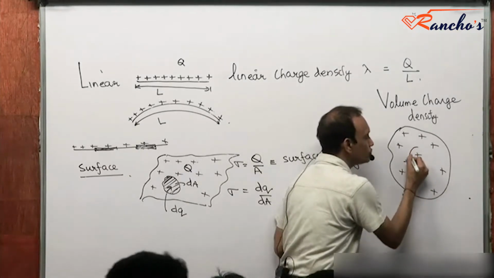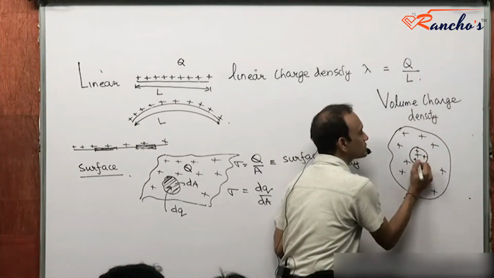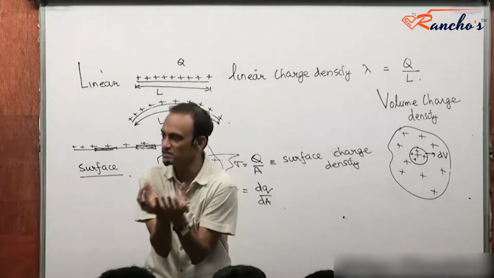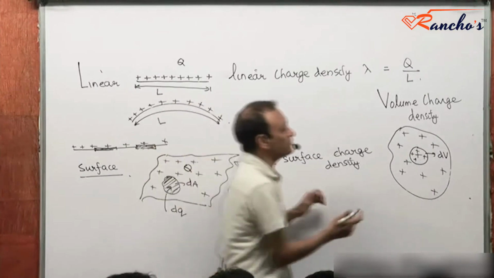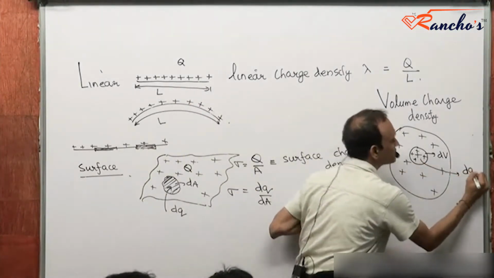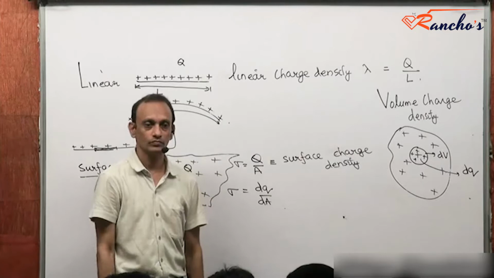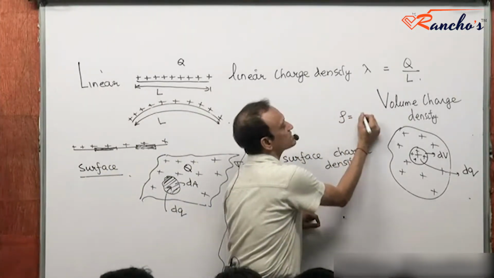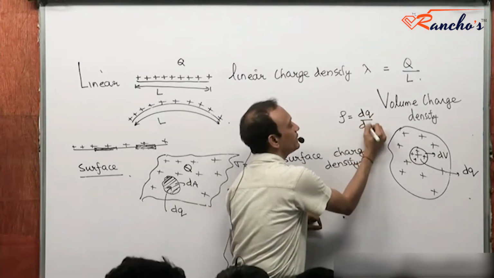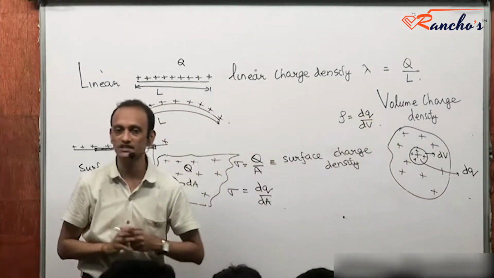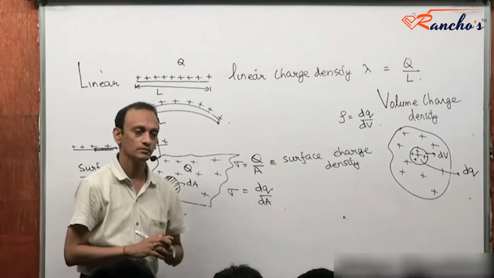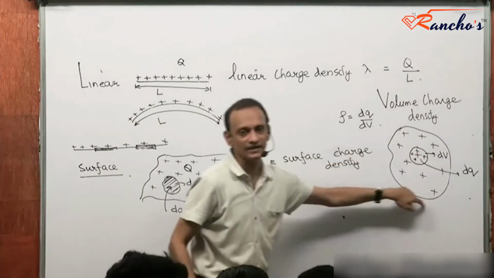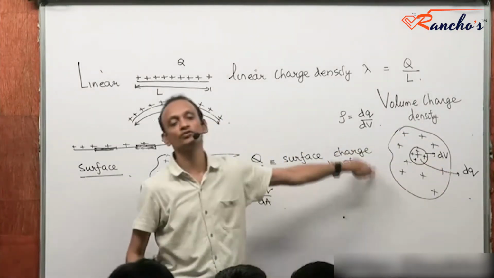Now, in this volume, I select a small elemental volume dV. And if this contains a charge dq, then we define volume charge density rho as dq by dV. If this rho is the same everywhere, then we say charge is uniformly distributed.